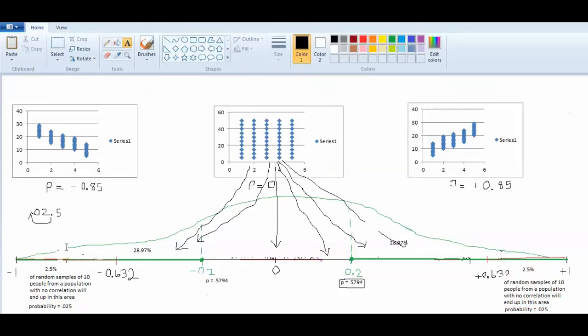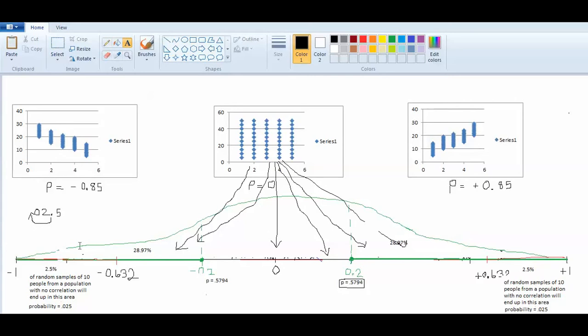So what this means is that if the random samples of 10 people that come from this population land in this red area 2.5% of the time and land in this red area 2.5% of the time, then altogether the random samples of 10 people coming from this population land in one of the 2 red areas, meaning here or here, 5% of the time.